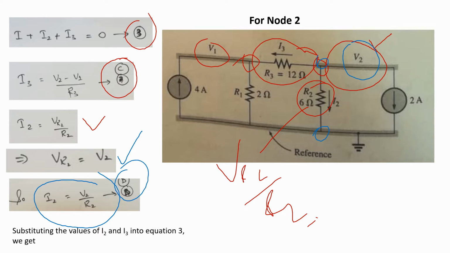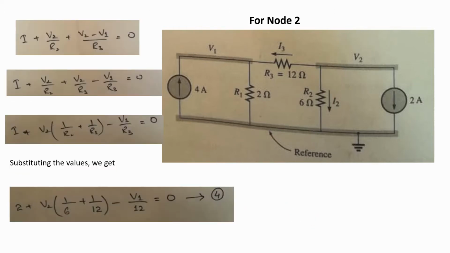Now substituting the values of I2 and I3 into equation number 3, we get I plus V2 divided by R2 plus V2 minus V1 divided by R3 equals 0. Simplifying, we get I plus V2 by R2 plus V2 by R3 minus V1 by R3.